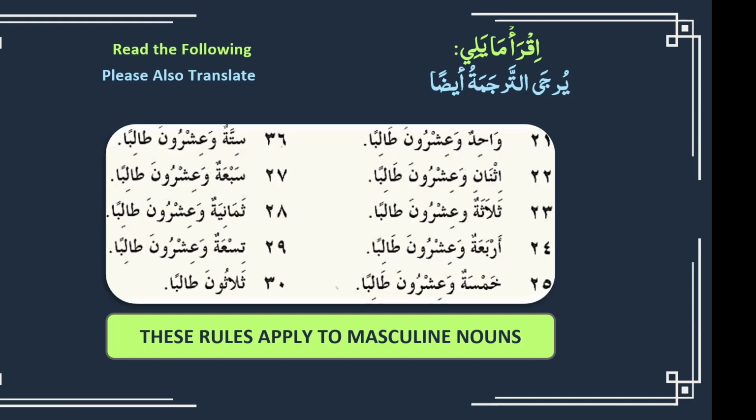No. Ishruna. No. It's a very silly mistake, by the way. Anybody recognizes the mistake? Every one of these has taliban in the end. No. It's a very silly mistake.